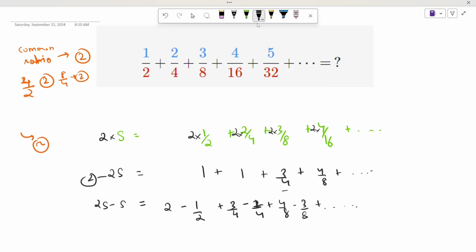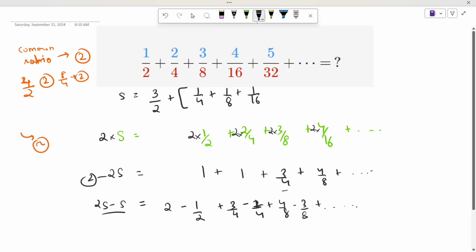So 2s minus s would give me s. 2 minus 1 by 2 would give me 3 by 2. And then from here the series starts: 3 minus 2, that is 1 by 4, plus 4 minus 3, that is 1 by 8, and the next terms would be 1 upon 16 and 1 upon 32, and then this series will continue.